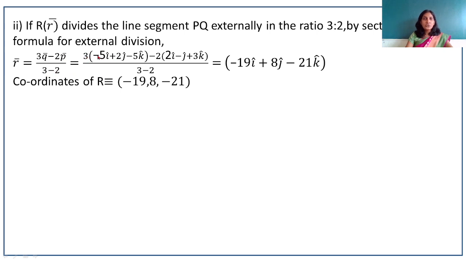So 3 into Q bar as it is, minus 2 into P bar as it is, divided by 3 minus 2, which is equal to minus 19i cap plus 8j cap minus 21k cap. So coordinates of R is equal to minus 19, 8 and minus 21.